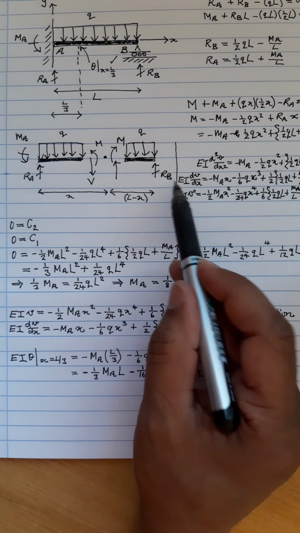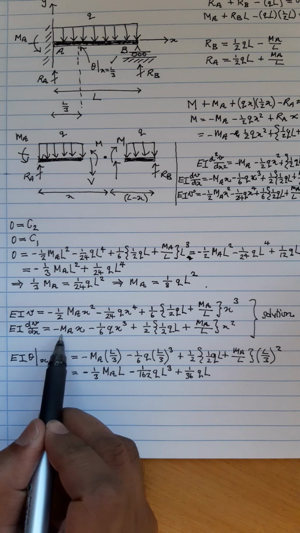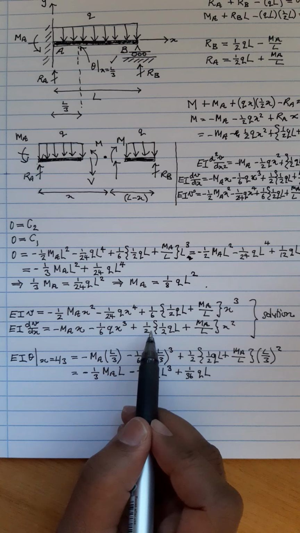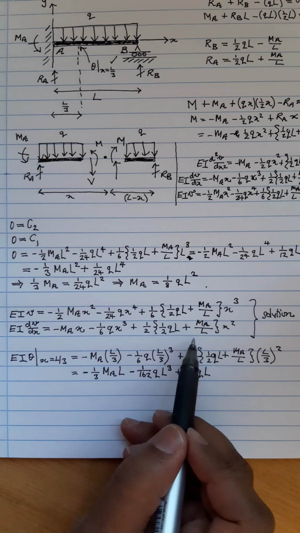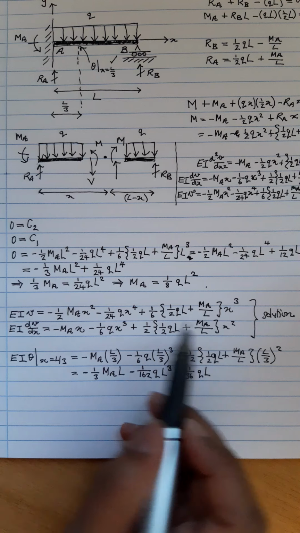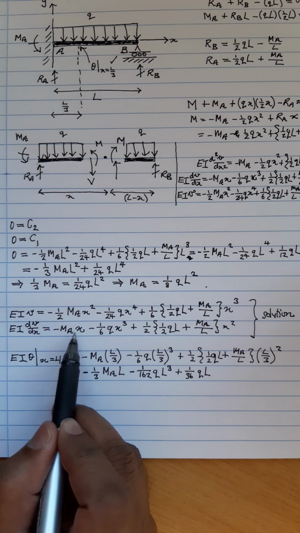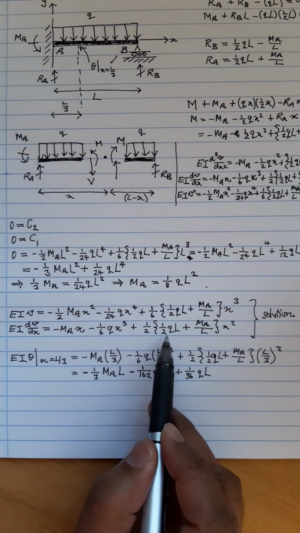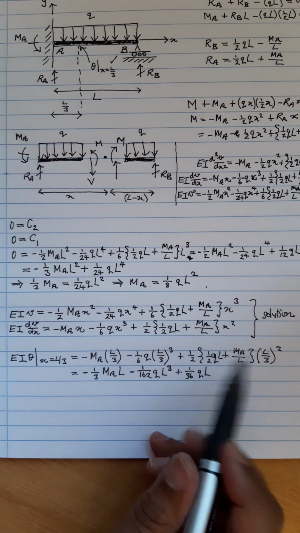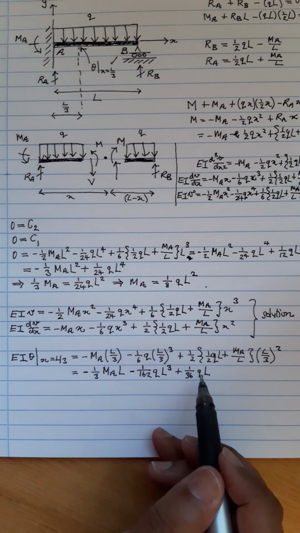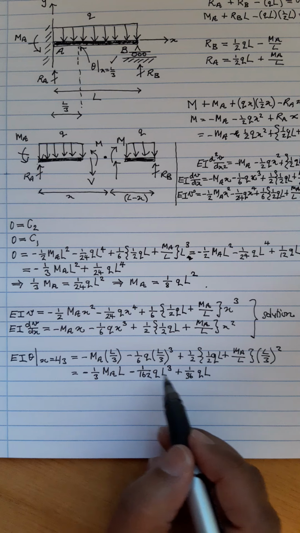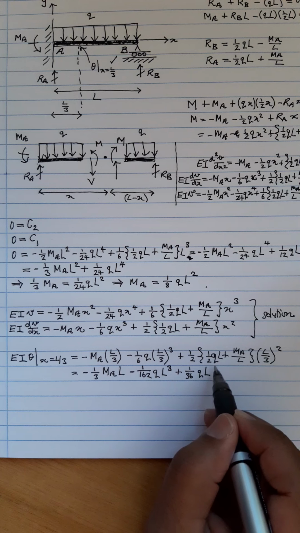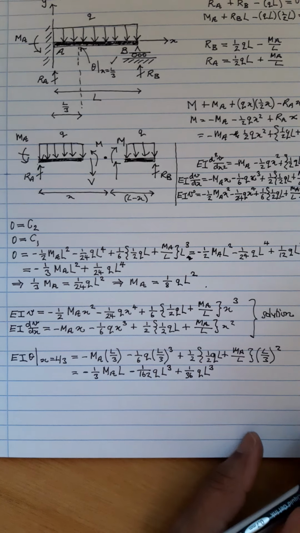Our gradient EI is minus MAX minus 1/6 QX cubed plus 1/2 QL plus MA/L x squared. I've got an MA/L, I've got a QX cubed, I've got a QL cubed. Yep, so this is that plus 1/36 QL cubed. It is right.